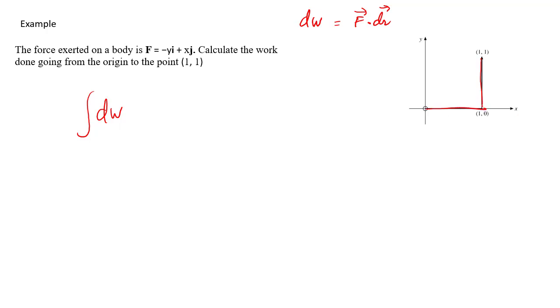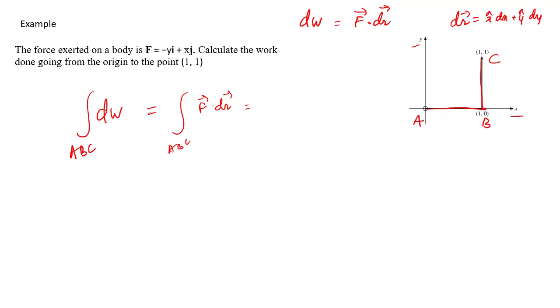We're going along this. So let's call this point A, call this point B, C. So we're going from ABC. So we're doing this over ABC. Then I have this as the integral over ABC of F dot dr. And my dr, I have only two dimensions, x and y, so my dr is simply x dx plus y dy.